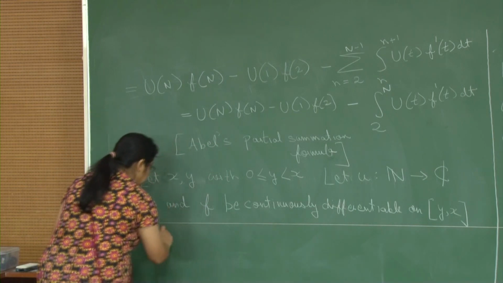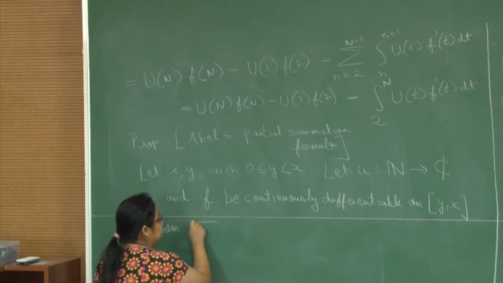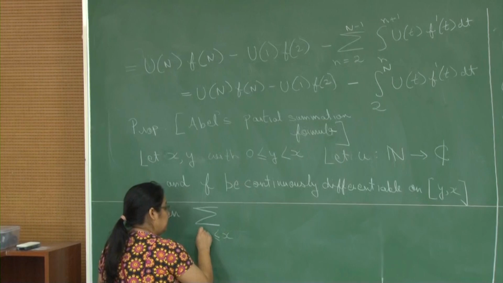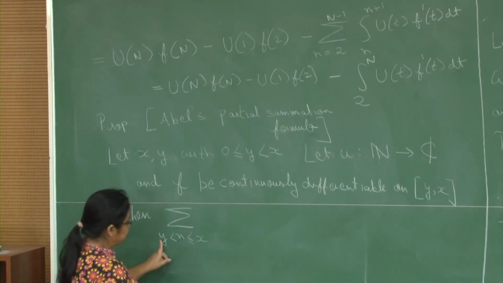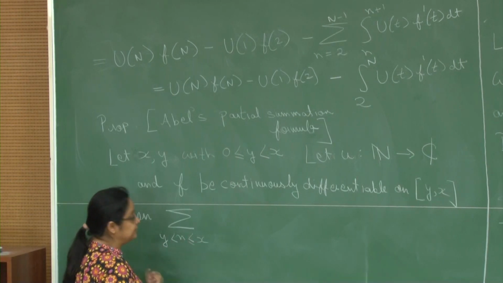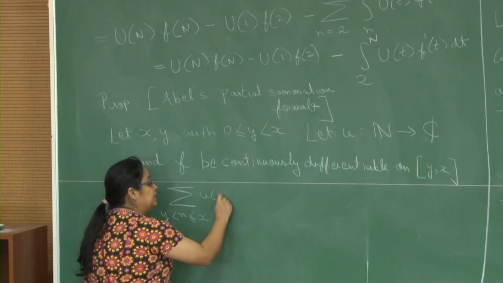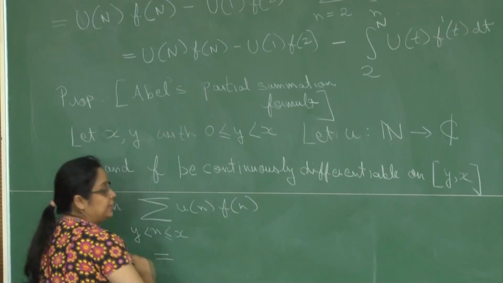Then, if you want to study the discrete sum over natural numbers which are strictly greater than y and less than or equal to x, u of n times f of n, this has a very nice form.